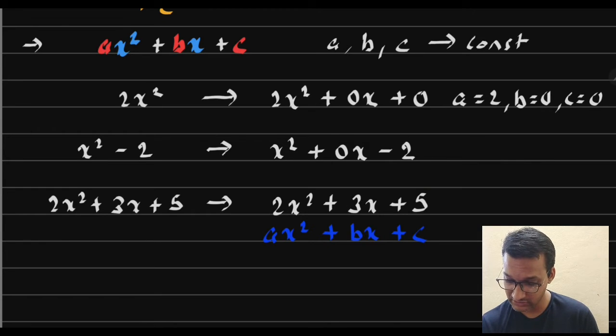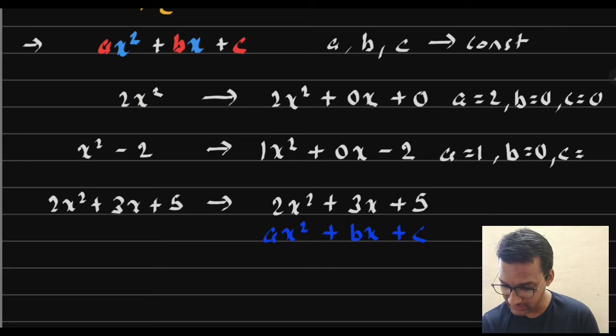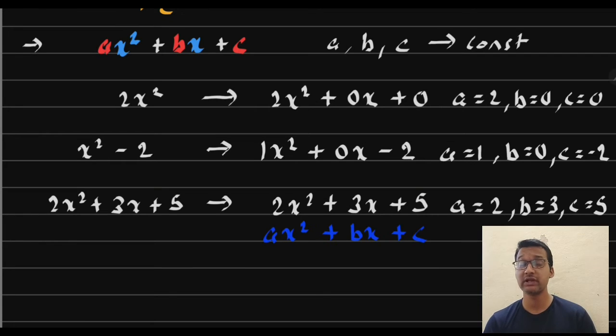In the second equation a is 1, because nothing is multiplied to x square, so we can take 1 into x square. b is 0 and c is minus 2. Same way in the third equation, a is 2, b is 3 and c is 5. So once we write the quadratic equation in standard form, we will get information about a, b and c.